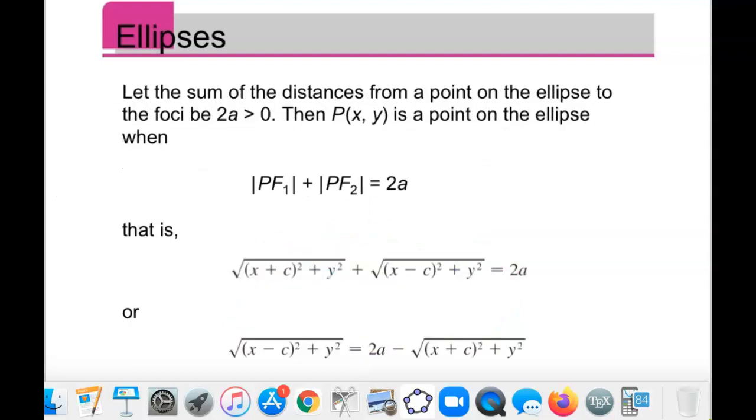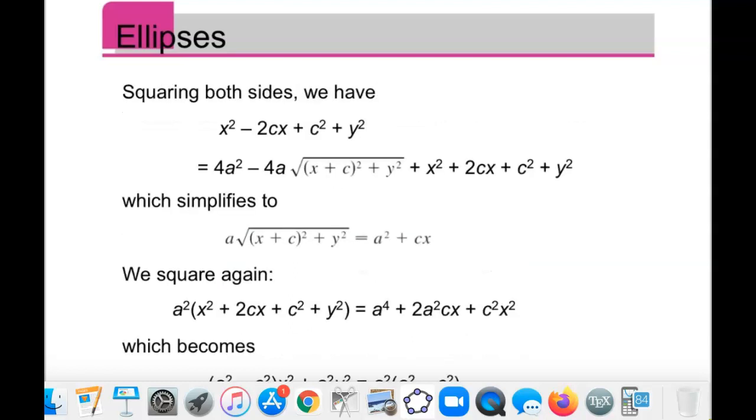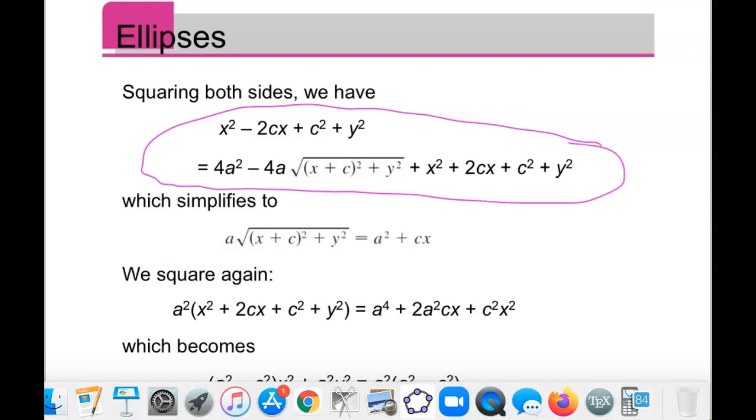All right. So that second line is where we got to, right? Right here. So what we do is then subtract one of the square roots to the other side to be with the 2a, and then we're going to square both sides. That's where it gets a little messy. So this whole thing is actually a one-line equation with a ton of terms, right? So you can just trust me on that algebra.